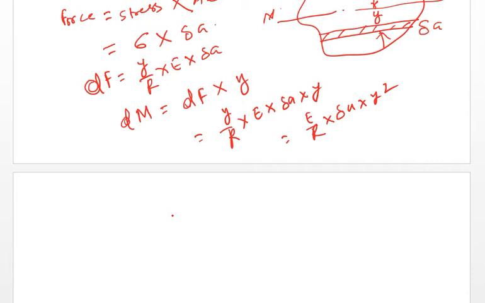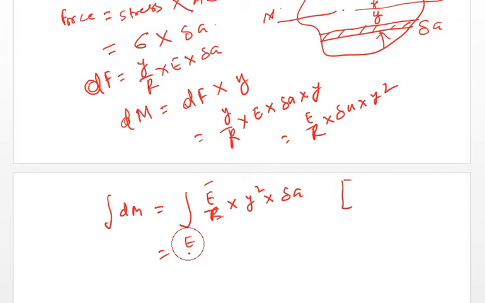If we integrate this whole part, then we will get the value of the bending moment of the entire section. So let's integrate. M is equal to the integration of E upon R into y squared into delta A, and we know that E and R are constants. So let's take these out.